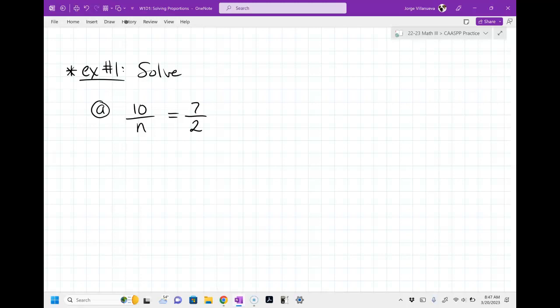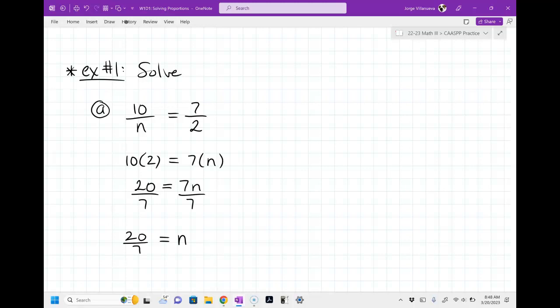It's all right. According to a fraction being equal to a fraction, I have to multiply diagonally. So let me multiply 10 times 2 and 7 times n. So that's 20 equal to 7n. So I just have to divide both sides by 7 and I'm done. So n is equal to 20 over 7.